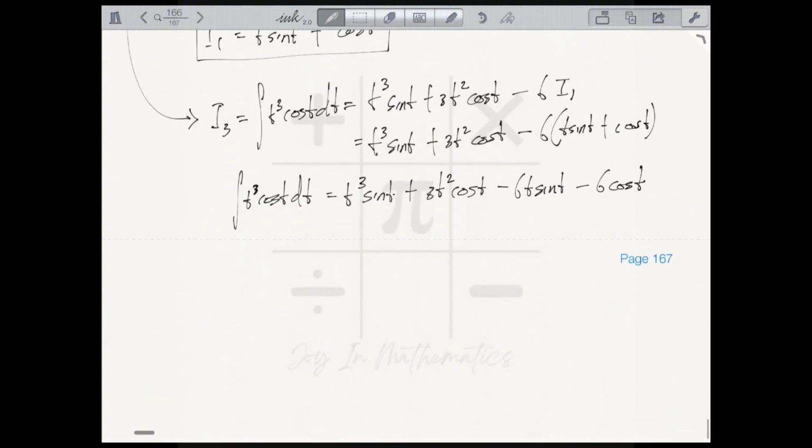Now, having evaluated this using the reduction formula, the question says the integral from 1 to 2 of 4t^3 cos t is equal to 4 into the integral from 1 to 2 of t^3 cos t dt.